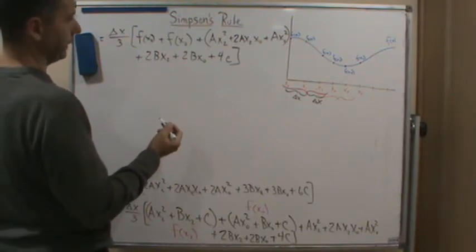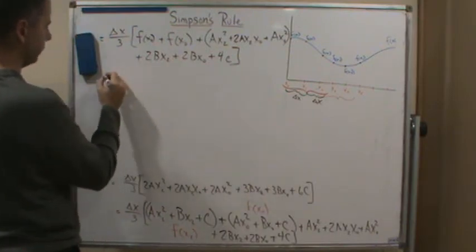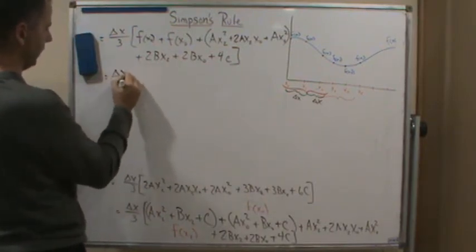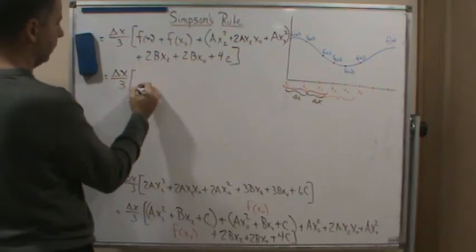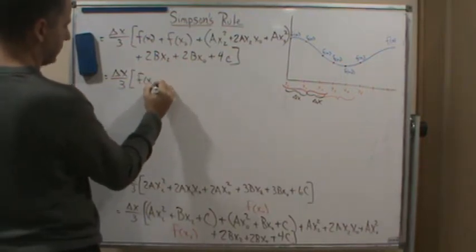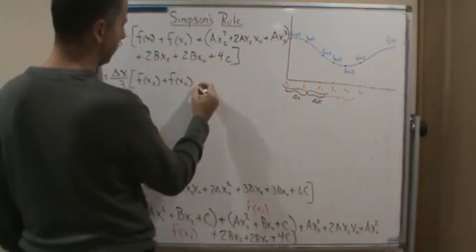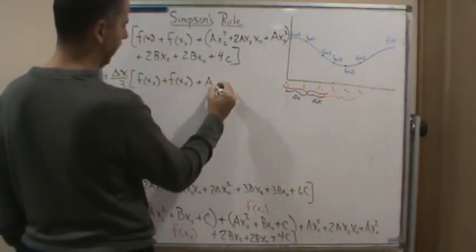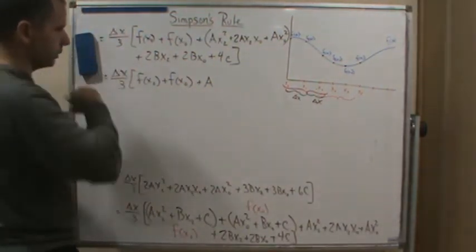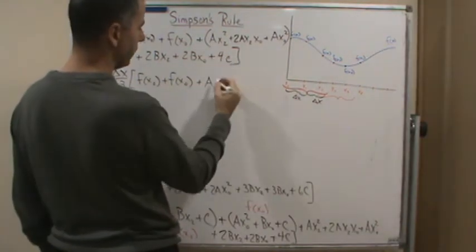So this is going to be equal to, we're going to pull the a out, so this is going to be equal to delta x over 3 times f of x2 plus f of x0. This I'm going to pull the a out. Then the rest of it is going to be what?